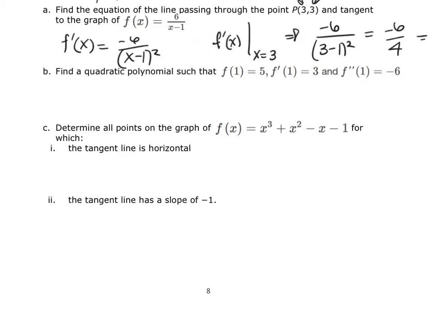When they're asking me for the tangent line to be horizontal, what am I being asked for? My slope to be 0. So how do I find the equation of the slope?